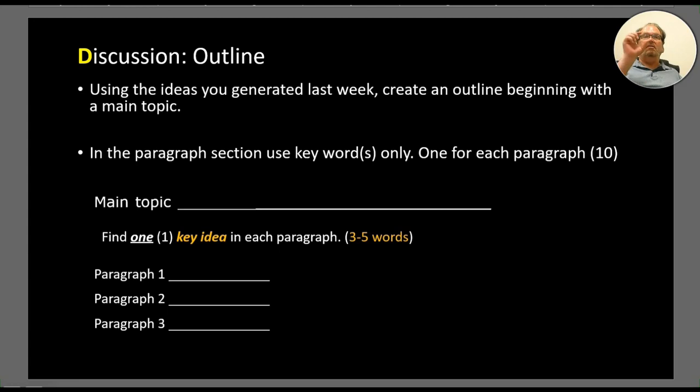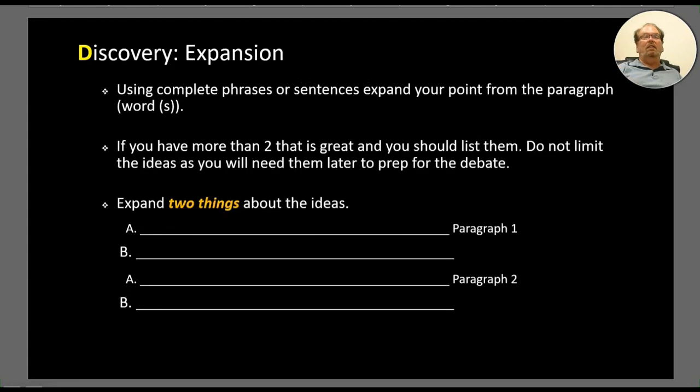Paragraph is just a short idea, using complete phrases or sentences. Now you're going to expand that and you're going to give 2 ideas about that paragraph 1. You have 2 or 3 words. Now you want to write 2 sentences about those 2 or 3 words. It's a little bit difficult, but you're focused on one key word, an idea, and make it a little bit bigger.